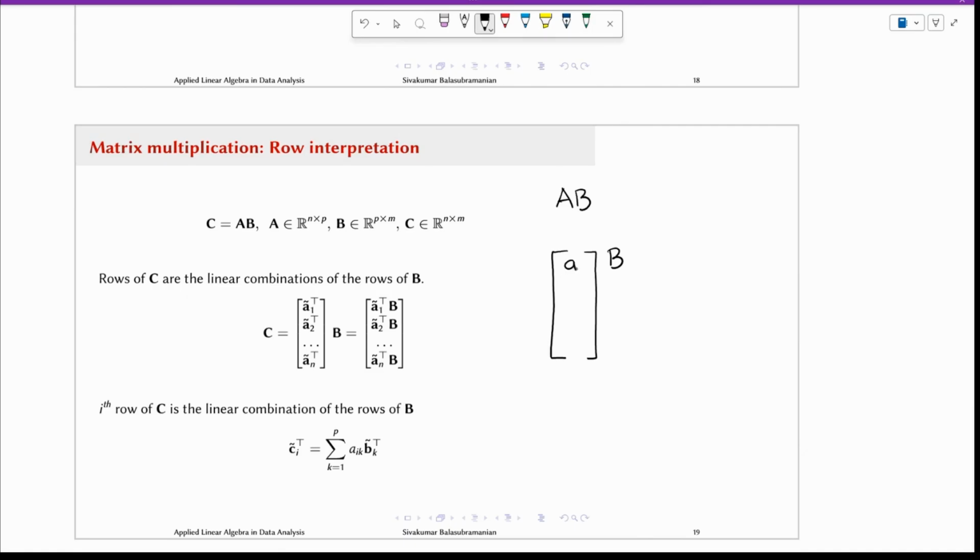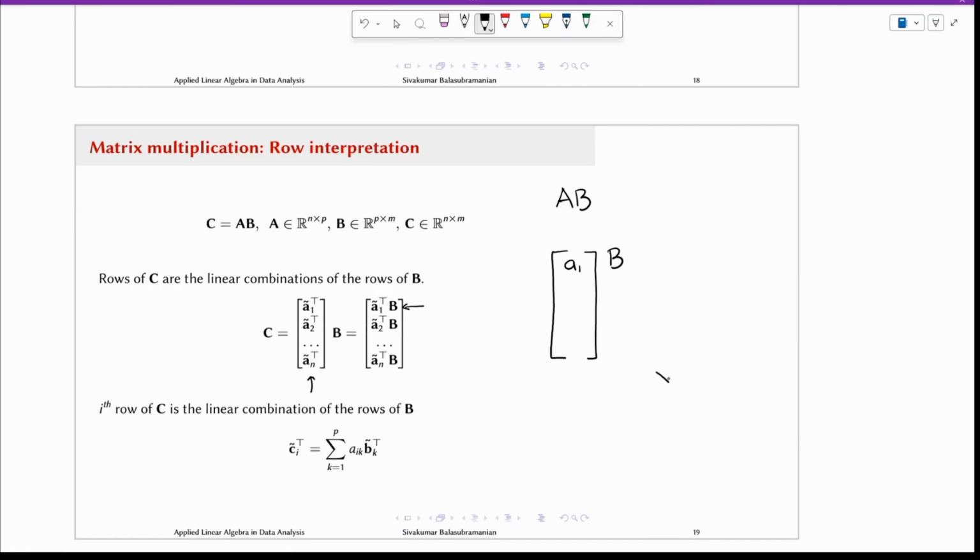We leave B as a matrix and we represent A as its rows, and the resulting matrix will simply be the individual rows of A pre-multiplying the matrix B. Okay? That means the first row of C will be the first row of A pre-multiplying B. The second row is the second row of A pre-multiplying B, and so on and so forth.